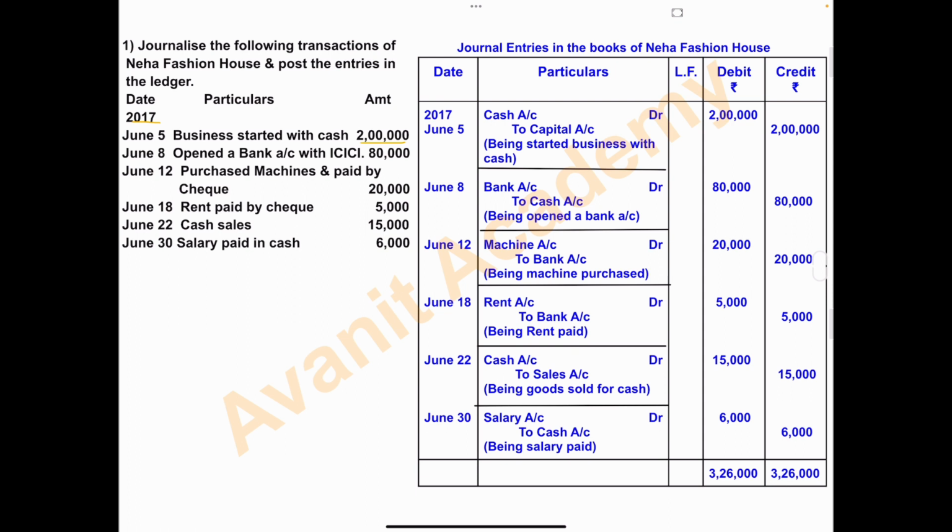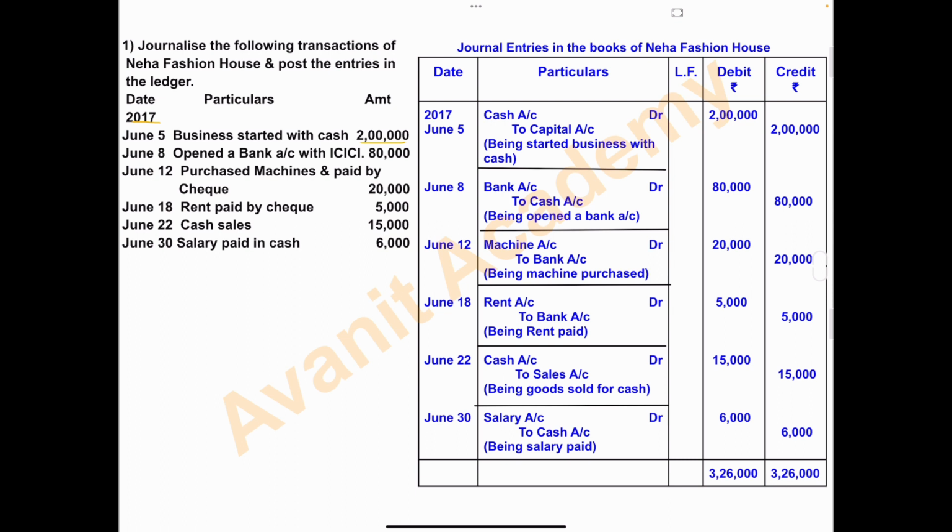Increase in capital is to be credited and decrease in capital is to be debited. Started business with cash means the capital value will increase. So we have to credit capital account. So in this first transaction, we have to debit cash account for increase in the cash balance, and we have to credit capital account for increase in capital.